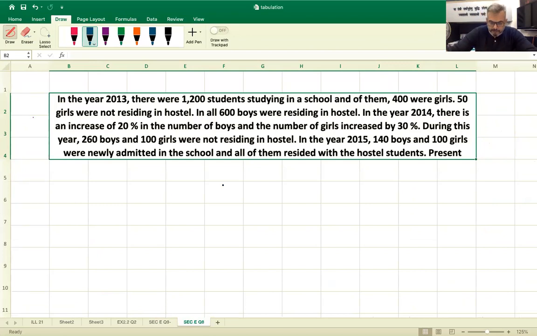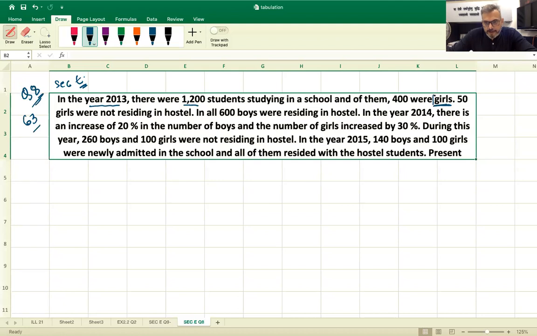In the year, this is question number 8. Let me write so there's no confusion now. Page number 63, section E. In the year 2013, now as you know कि year आया है तो total करना नहीं है. There were 1200 students studying in a school, and of them 400 were girls.